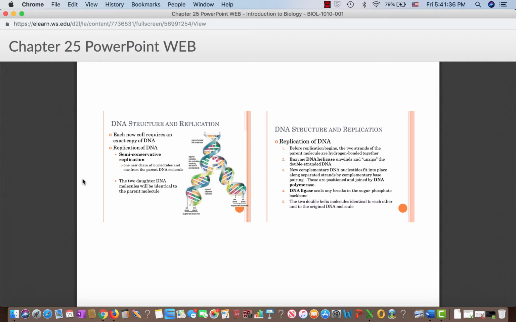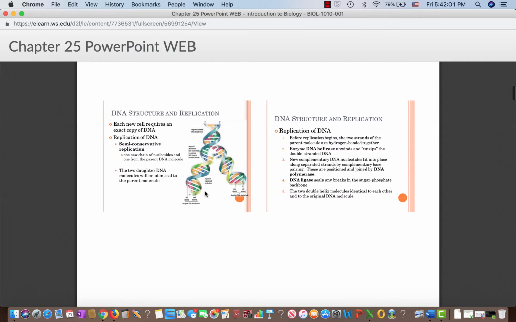There is some evidence to suggest that in certain stem cells it is a fully conservative process, but that has not been proven yet. It is merely anecdotal. So for our purposes, semi-conservative, meaning each daughter, which is identical to its parent, has half of the material from the parent, and half was newly synthesized.